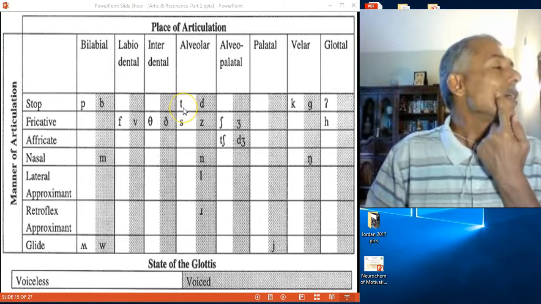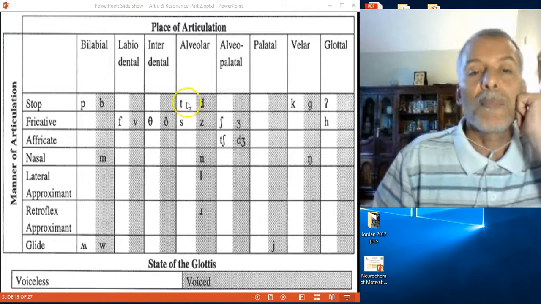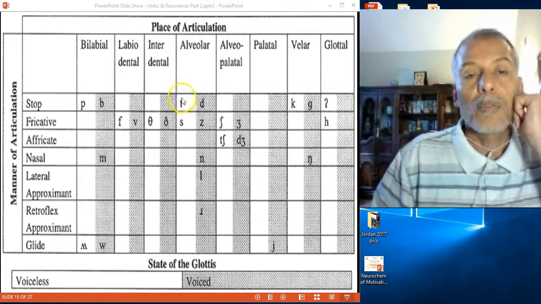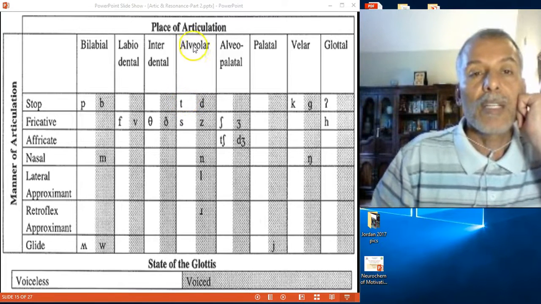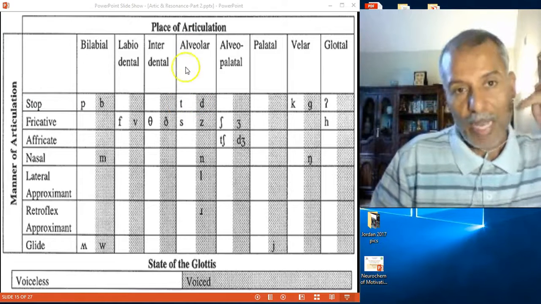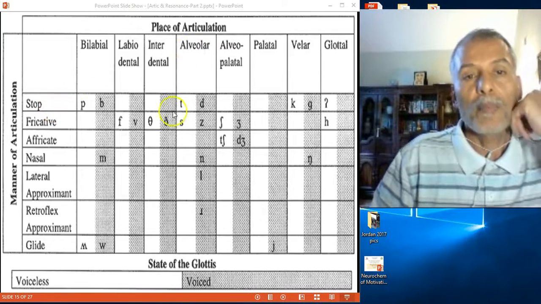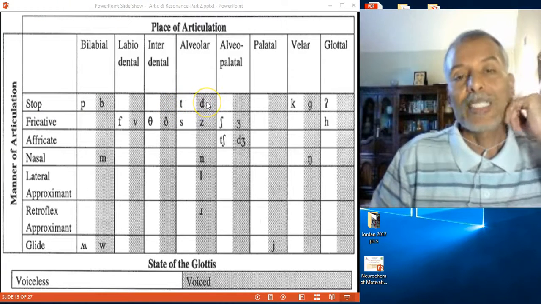You find the t and d when you say tight and dime. T is voiceless, alveolar, stop, because the tongue tip contacts the alveolar ridge. So voiceless, alveolar, and then stop. And then d is the same except that it is voiced.